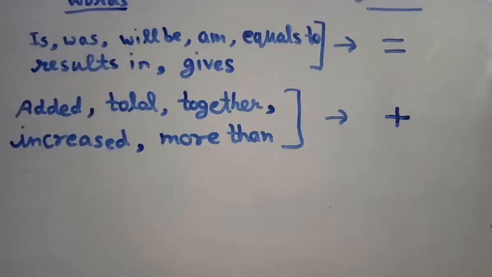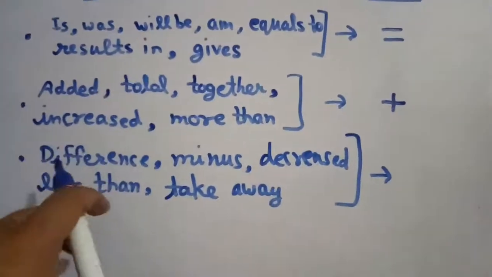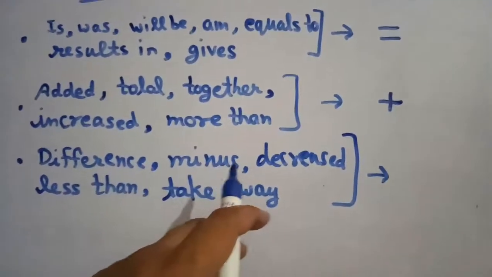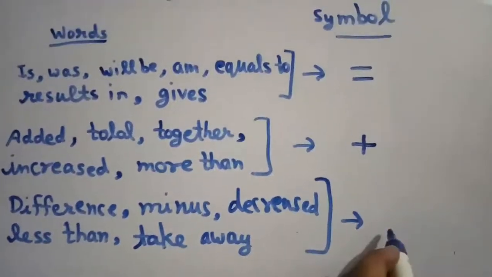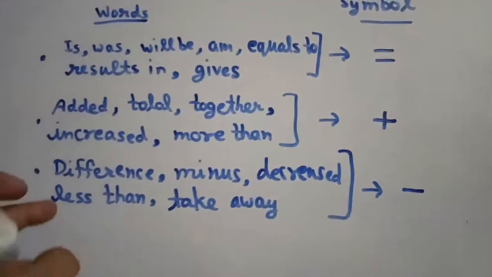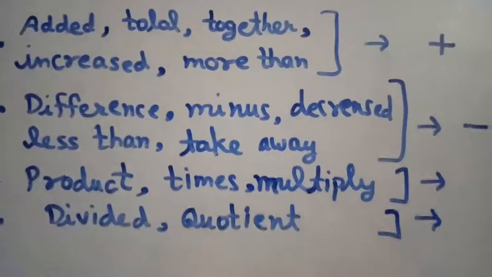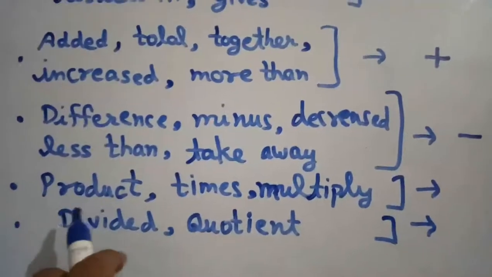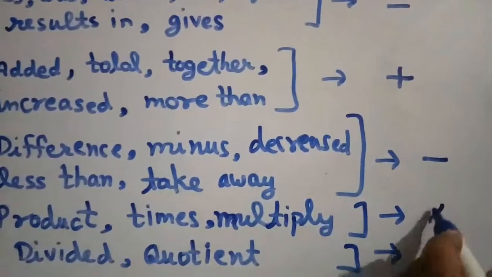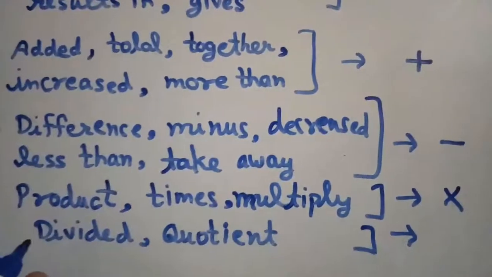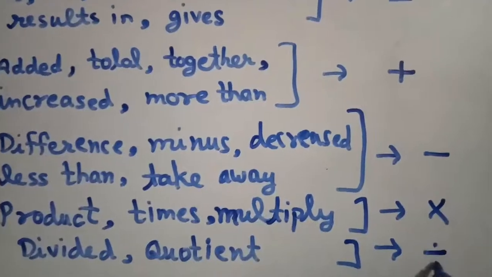For such words as difference, minus, decrease, less than, take away, you put a minus sign. And at last, if you read such words as product, times and multiply, you put a multiply sign, and instead of divided and quotient you put a divide sign.